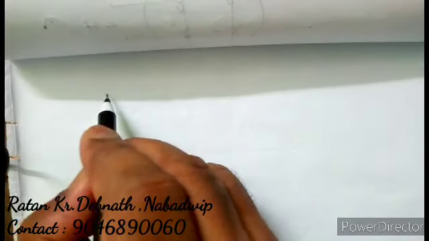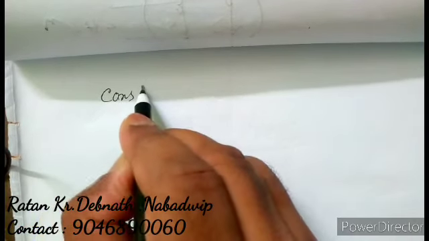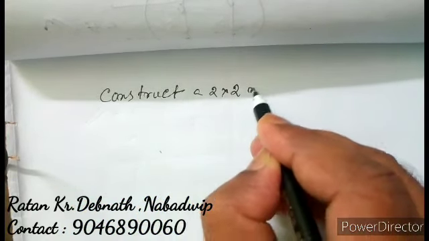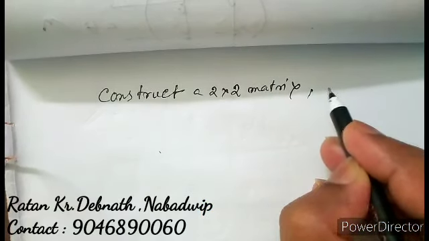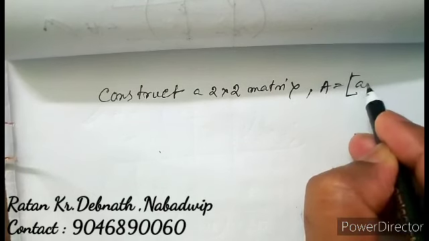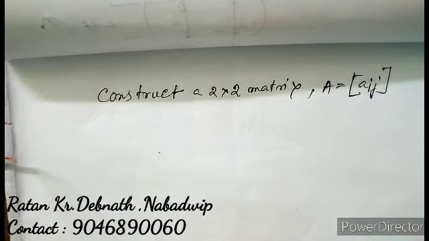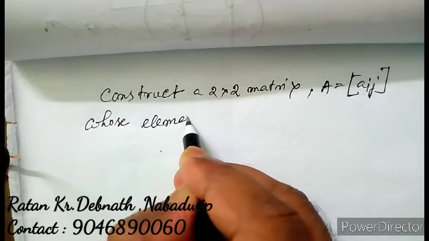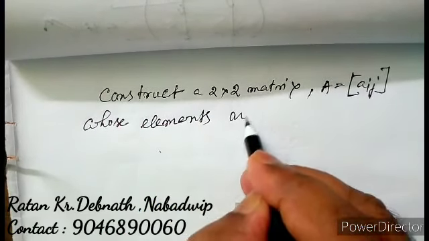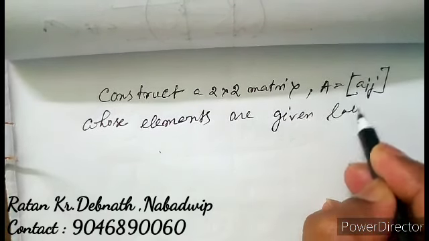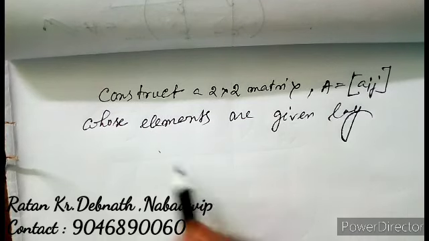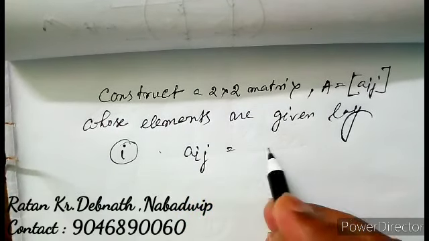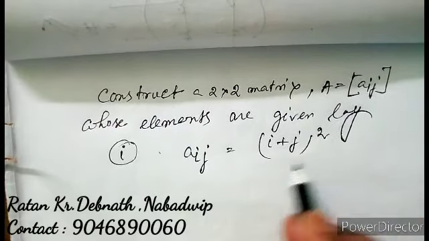The question is, construct a 2 cross 2 matrix A equals to Aij, whose elements are given by Aij equals I plus j whole square by 2.